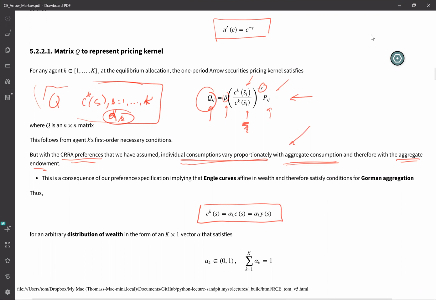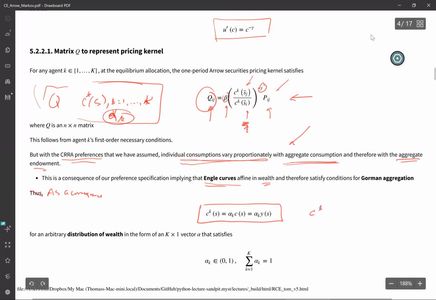It's going to turn out that with CRRA preferences, what are known as Engel curves are going to be affine in wealth. All that means is they're going to look like, they're going to be affine in wealth, and as a consequence of that, consumption of a person k is going to satisfy this equation.